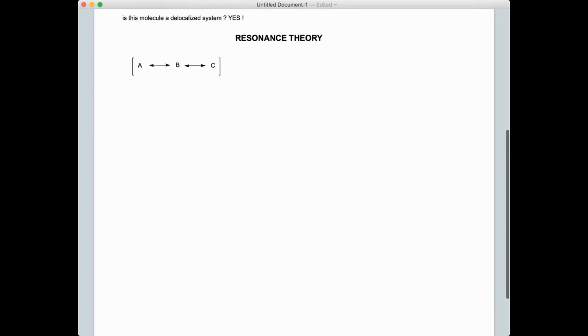The real structure, and I'm going to just write it over here right now, is a hybrid of A, B, and C. There is only one real structure, just one.